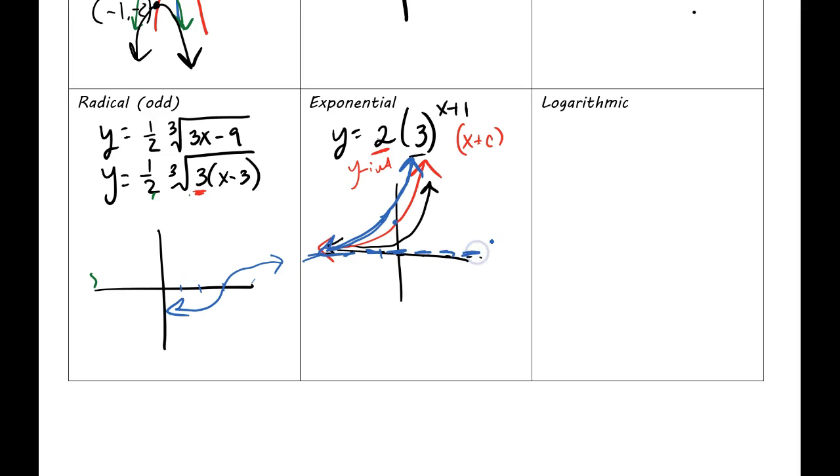In fact, you might want to make a note that on these, the only thing that moves the asymptote is an up or down. Whereas on a logarithmic, the left, right translations will move the asymptote.